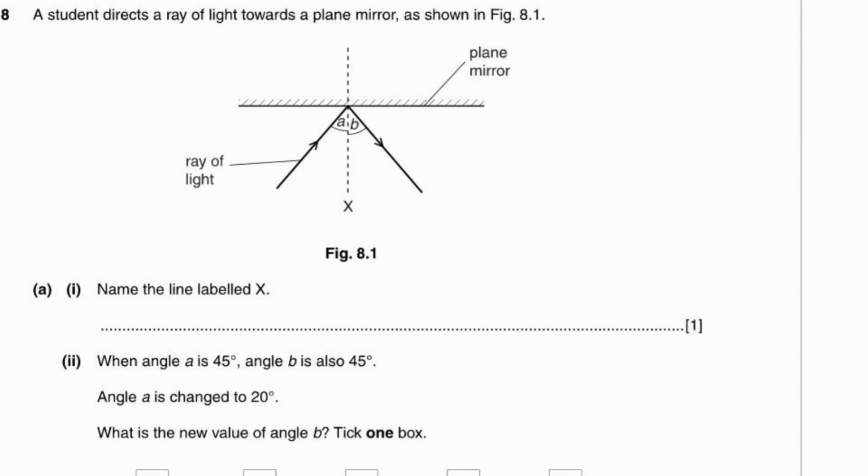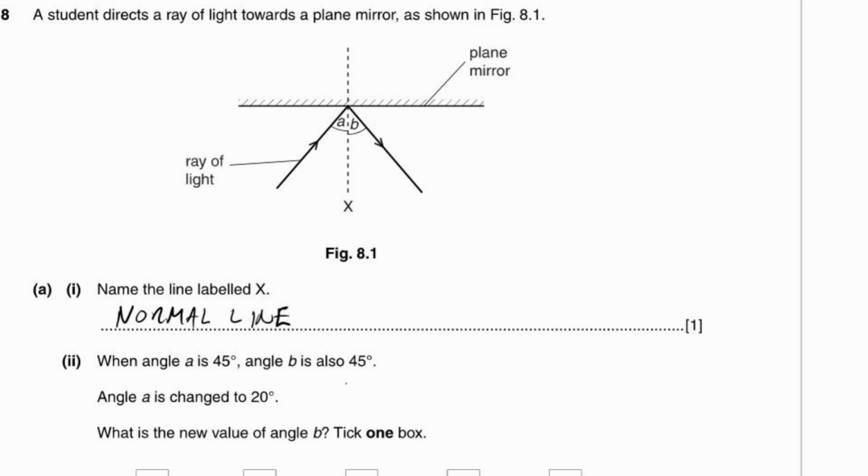Question 8. A student directs a ray of light towards a plane mirror, as shown in figure 8.1. Name the line labelled X. Well, that's at 90 degrees, that's our normal line. And 2. When angle A is 45 degrees, angle B is also 45 degrees. Angle A is changed to 20 degrees.